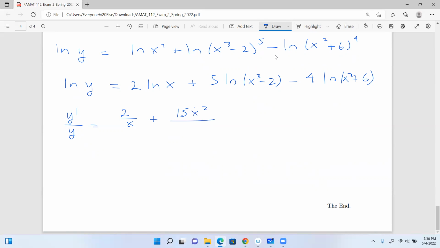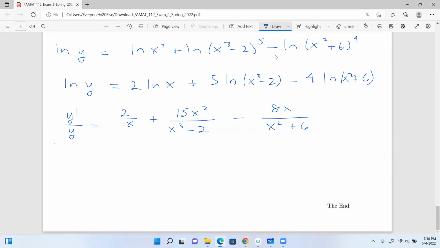So I'll just write this as 15x squared over x cubed minus 2. And now we take the derivative of this. It's going to be 4 times the derivative of x squared plus 6 over x squared plus 6. The derivative of x squared plus 6 is 2x, and then we have the 4, so that gives us 8x over x squared plus 6.